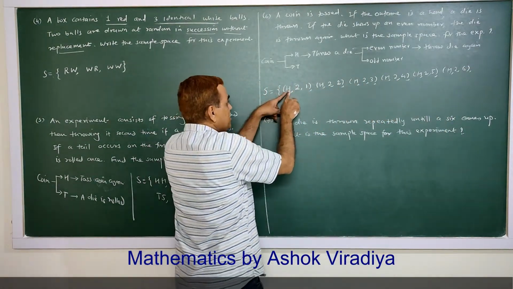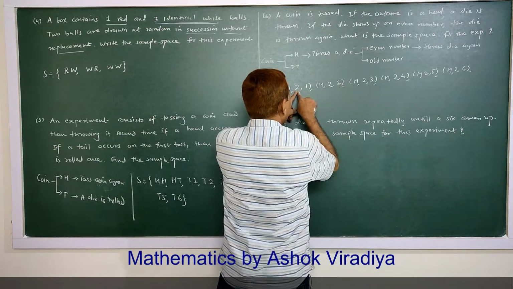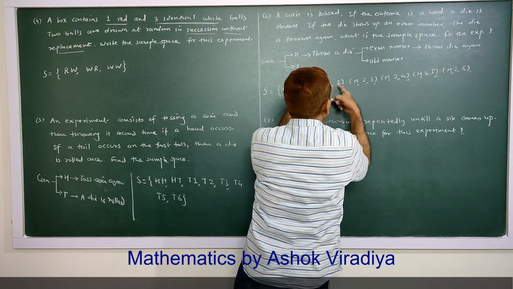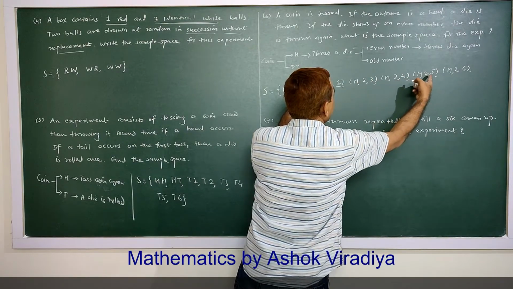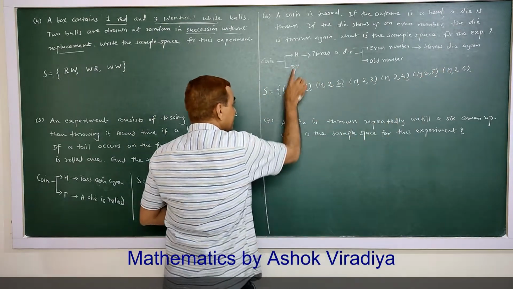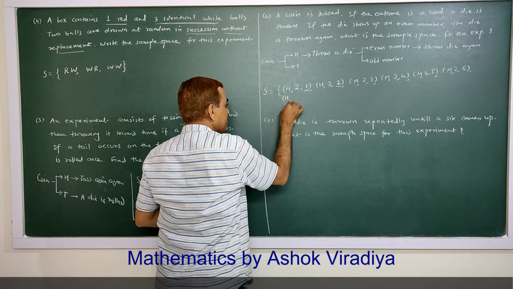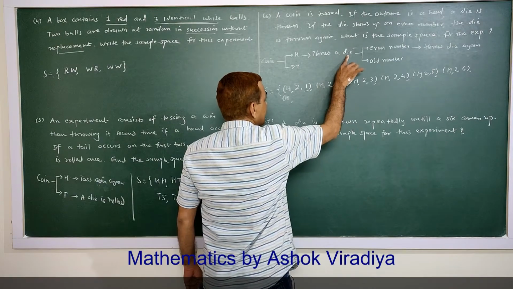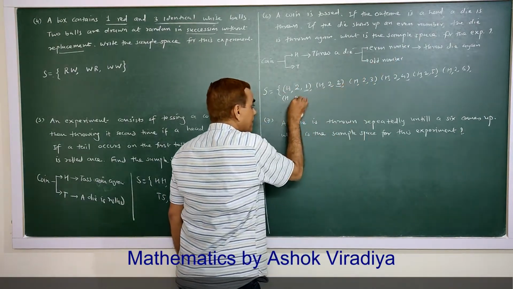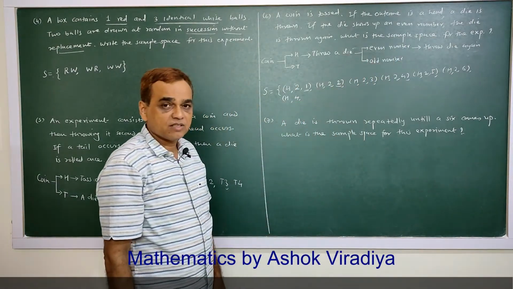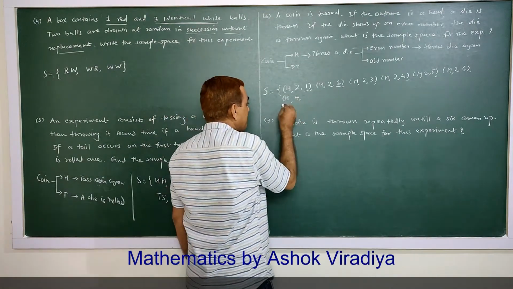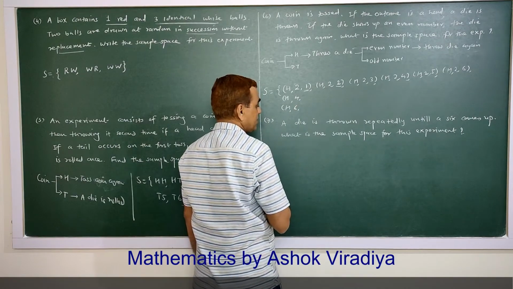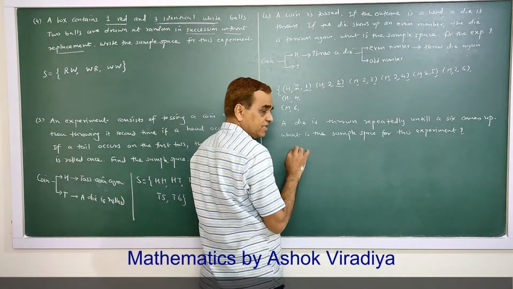First toss H, second toss if 2 is obtained, then throw a die. So when throwing a die again, 1 can appear, 2 can appear, 3 can appear, 4 can appear, 5 can appear, 6 can appear. Similarly with H, if throwing a die an even number appears, means 4 appears, with H4, or with H6, then throw a die again.